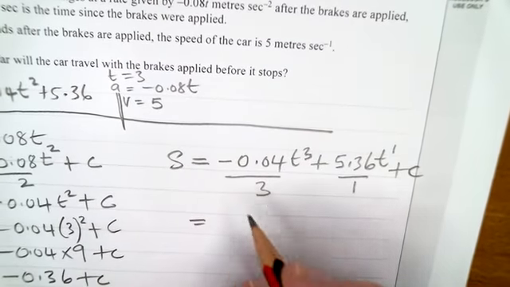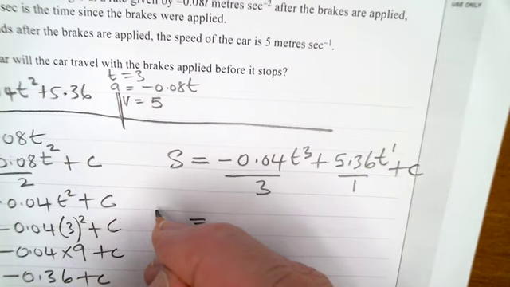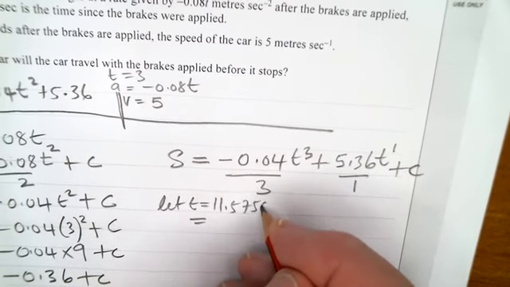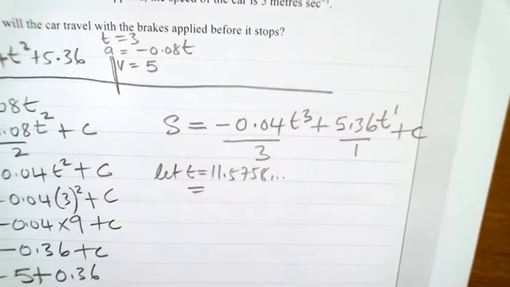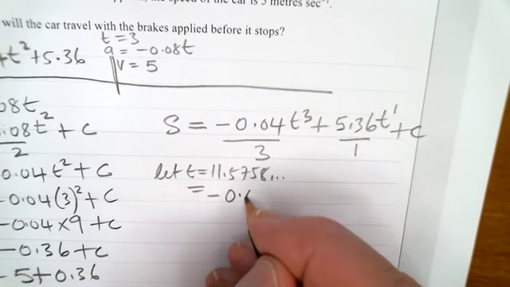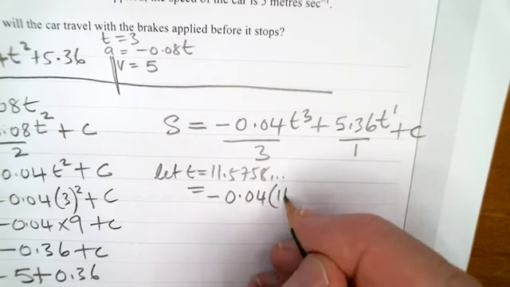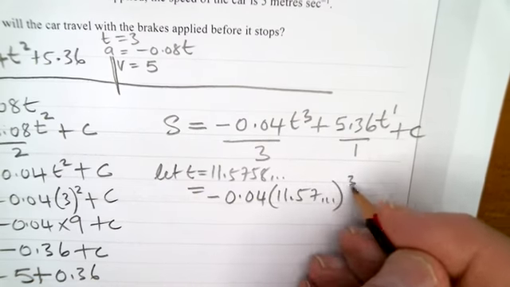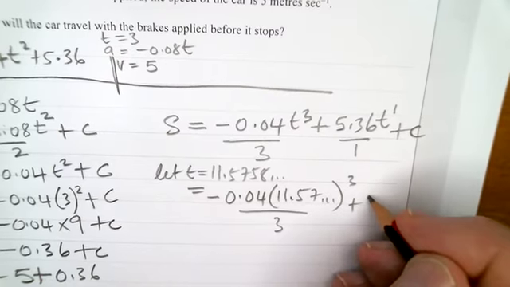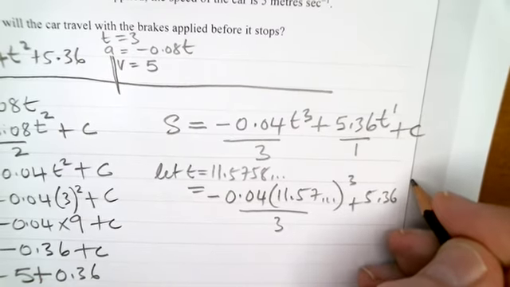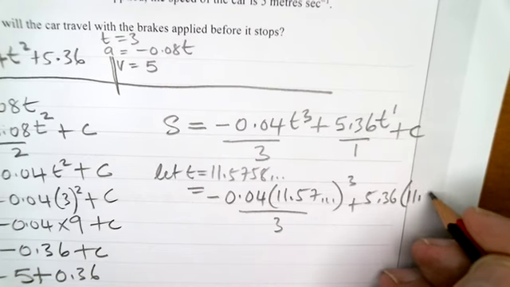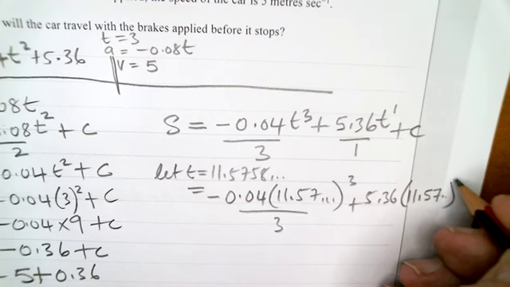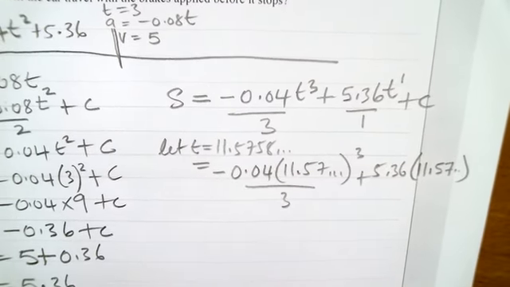So let's go ahead and do this now. So now we're going to put s, but this time we're going to put a t value. I'll let t equal 11.5758. So let's put that in there. So it's going to be negative 0.04 times 11.57 cubed on 3, plus 5.36 times 11.57, and that's just over 1 to the power of 1.